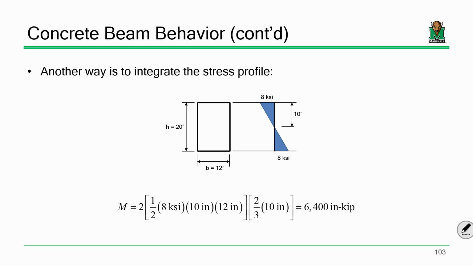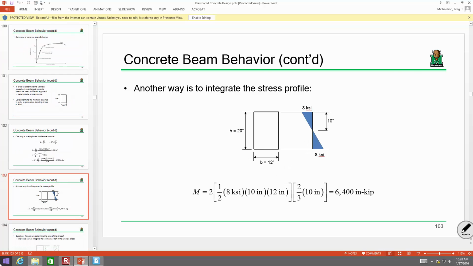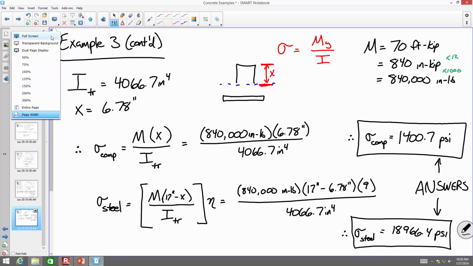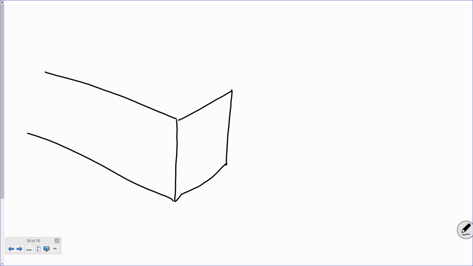One thing I'll point out, and I'm going to do my best to try and draw this 3-dimensionally. I know this is gonna suck, but bear with me. So I'm looking at the beam like this, right?